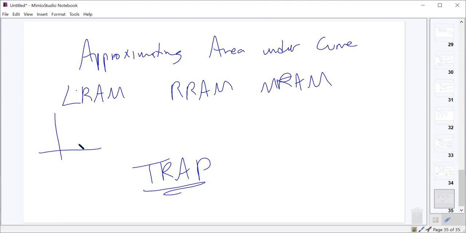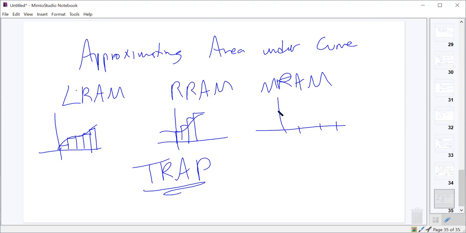I don't think I need to talk about how to do this too much. For your left rectangulars, you just start at the left piece of each of your intervals and make rectangles. For your right rectangular approximation, you start at the right side. For your midpoint rectangular approximation, if I have subintervals like this, I take the midpoint of each one and make my rectangles that way.